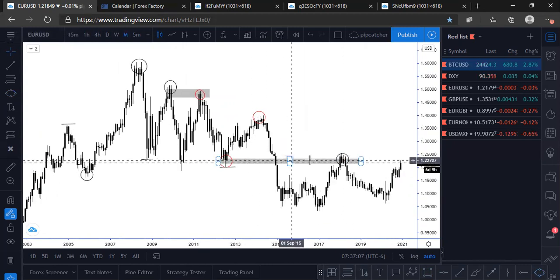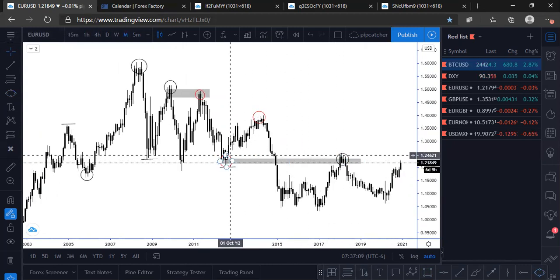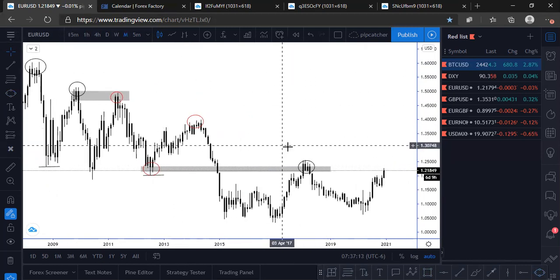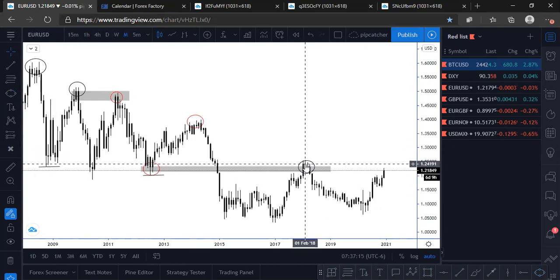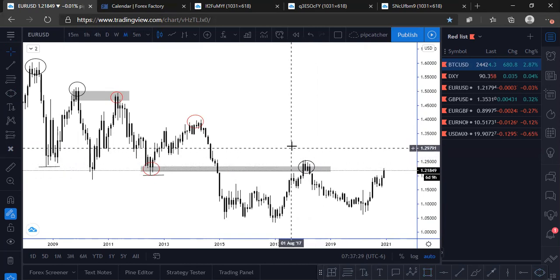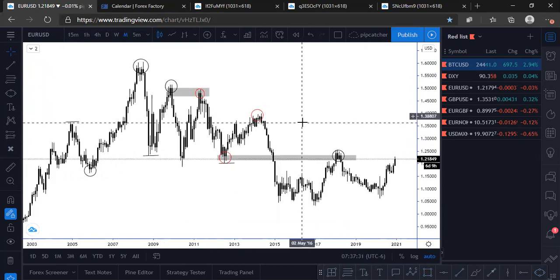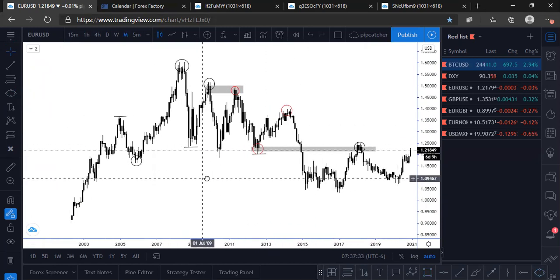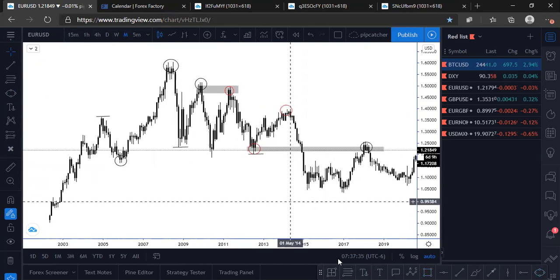Now you wouldn't just want to enter off of this area from the monthly time frame just because price gets here. You would want to be looking for the same type of stuff in this area on lower time frames, giving you a more precise entry and such. But you can see the difference from these swing points right here.